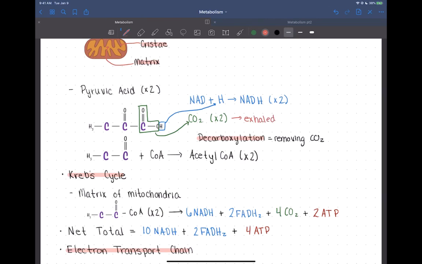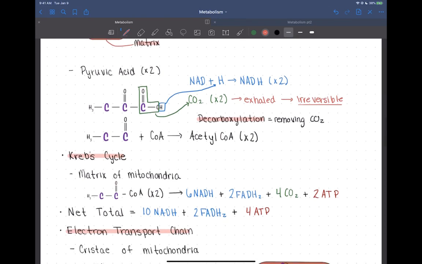Because we remove a carbon dioxide from this molecule, a process called decarboxylation, and then it is exhaled, this process is irreversible. Once you've exhaled that carbon dioxide, you can't get it back. So this step, taking that pyruvate and converting it into acetyl-CoA, is irreversible.